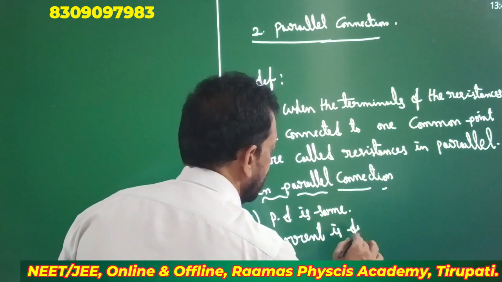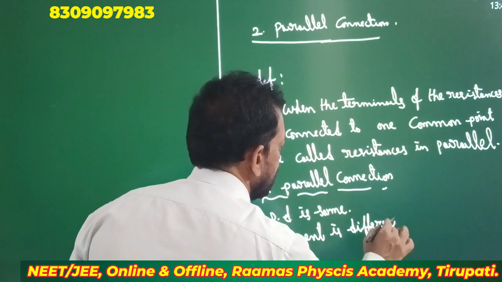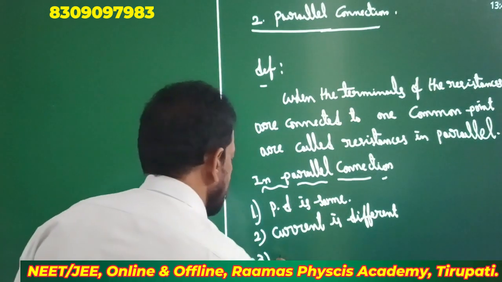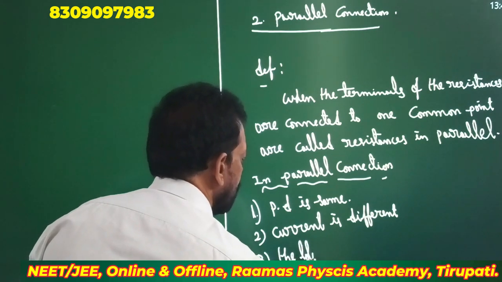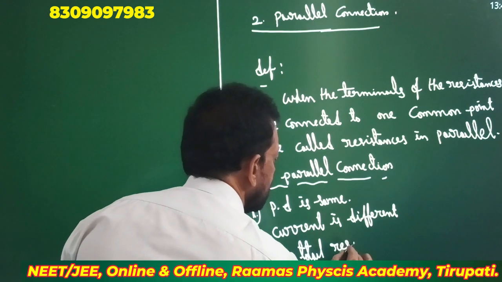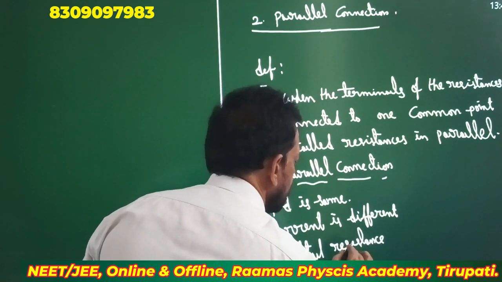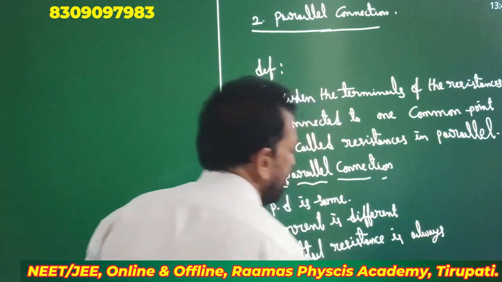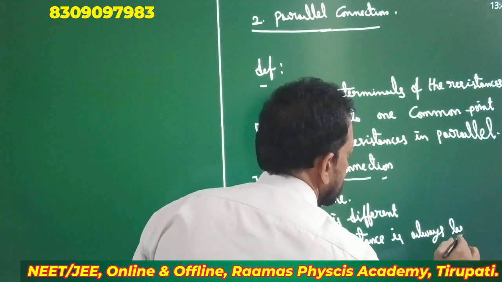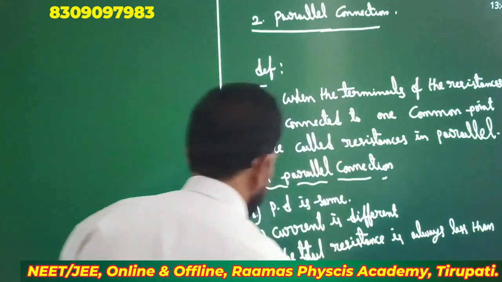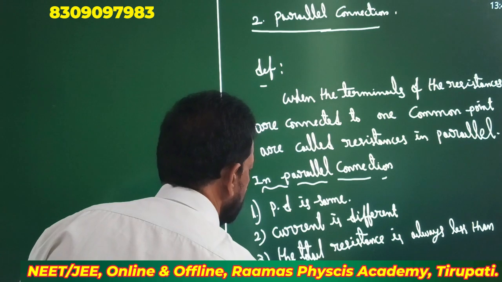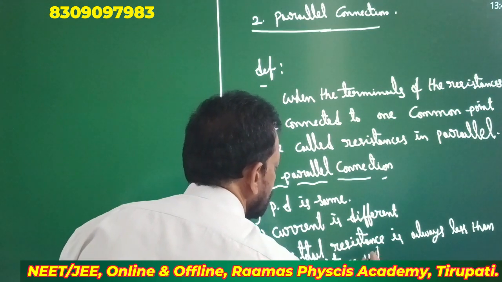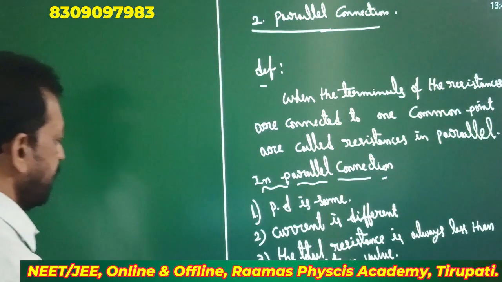The third point is the total resistance is always less than the minimum resistance value. Okay, now the explanation.